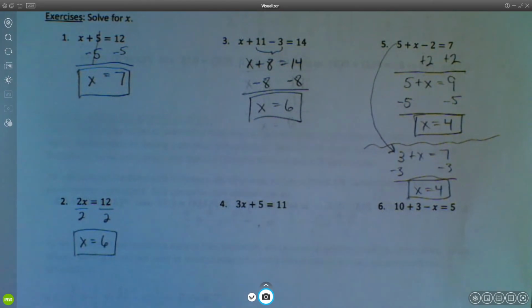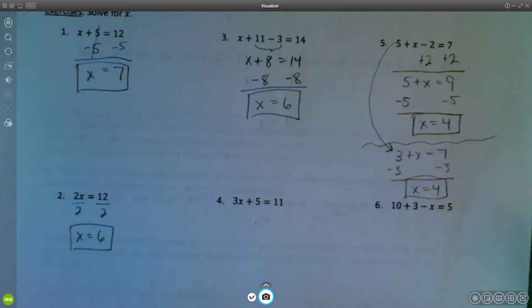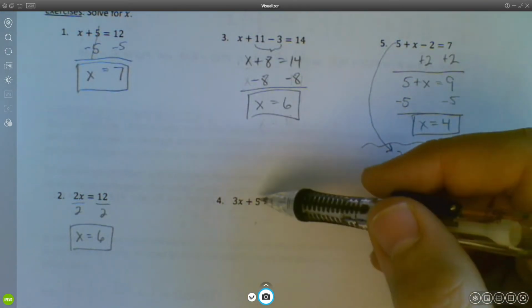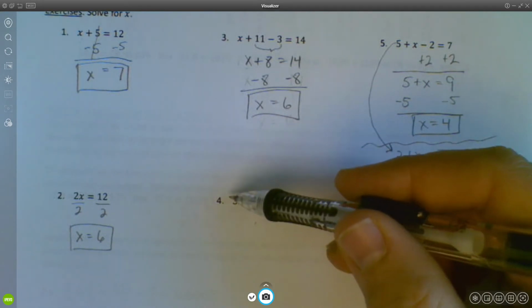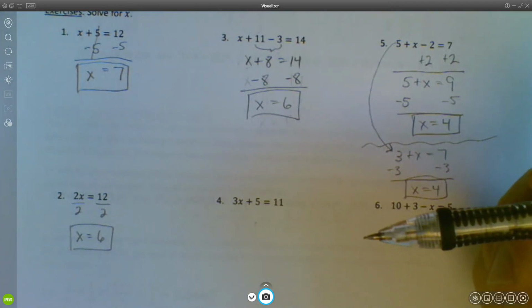Okay, but now let's go back to number 4. Okay, number 4, we have 3x plus 5 equals 11. This is going to be a 2-step process because I don't have any like terms to combine or anything like that, but I do have two things that I'm doing to x. I'm multiplying it by 3, and then I'm adding 5. So I need to undo that.